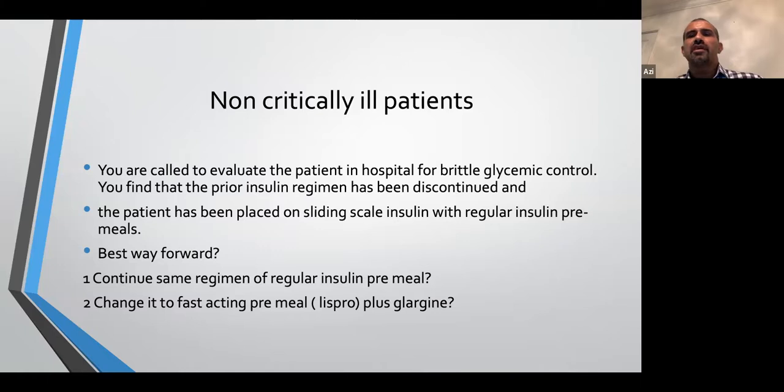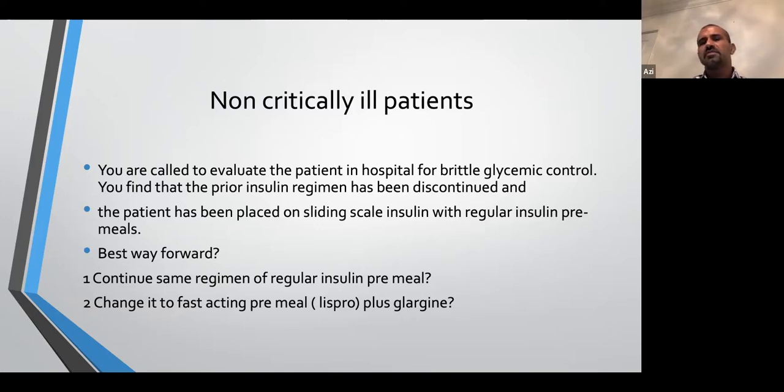You are called to evaluate the patient in the hospital for brittle glycemic control. You find that the prior insulin regimen has been discontinued by the admitting hospitalist, and the patient has been placed on sliding scale insulin with regular insulin pre-meal. What do we do?